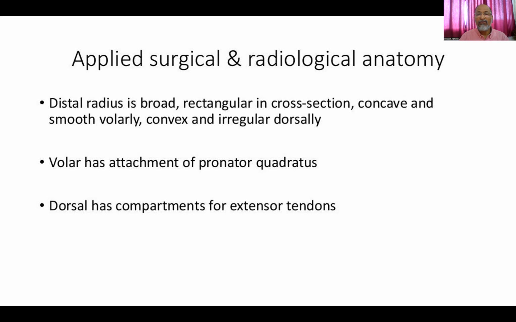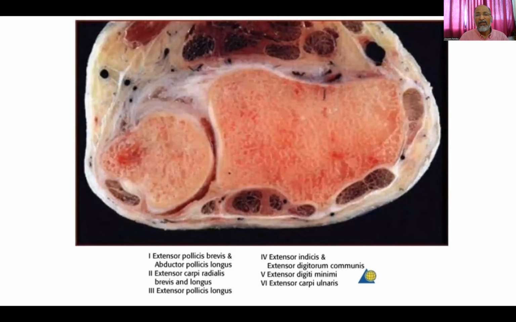The dorsal surface has compartments of the extensor tendons, and the markings are evident on the dorsal surface of the distal radius. This is the cross section of the distal end of the radius along with its joint with the distal end of the ulna.